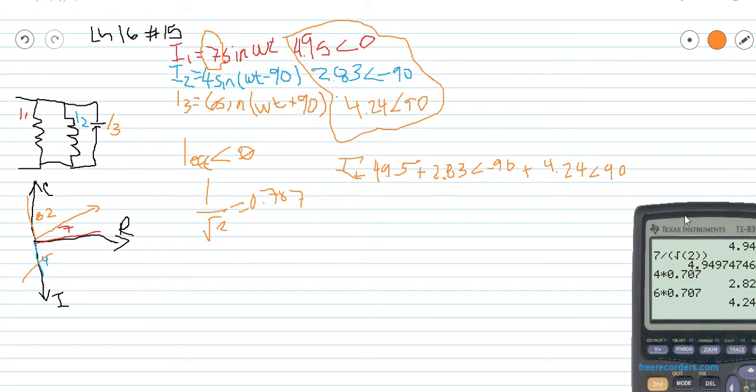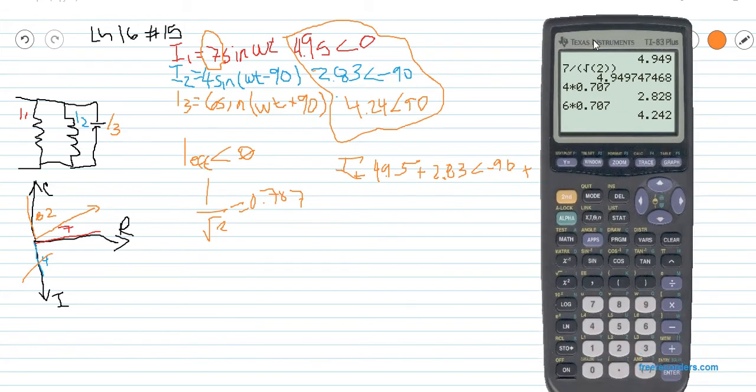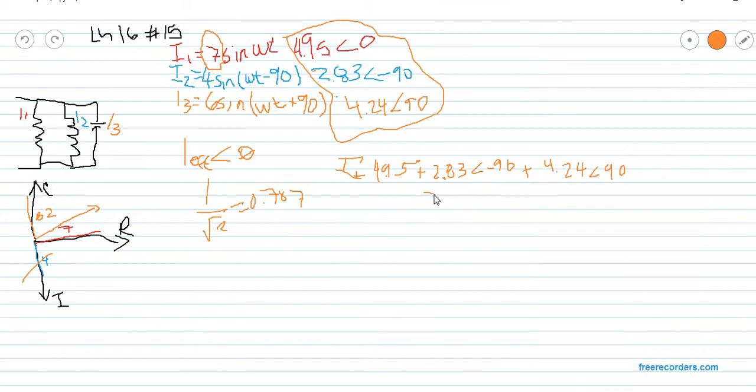So what we wind up with here is 2.83 times the sine of negative 90, which is negative 2.83, because sine of 90 is 1.